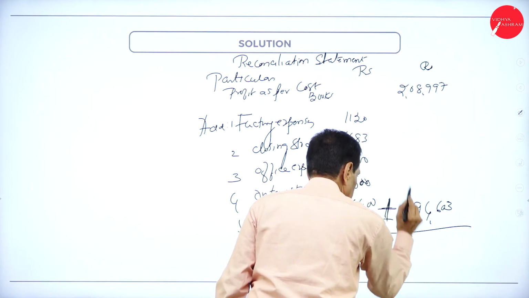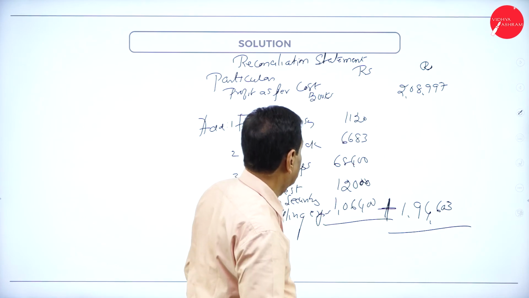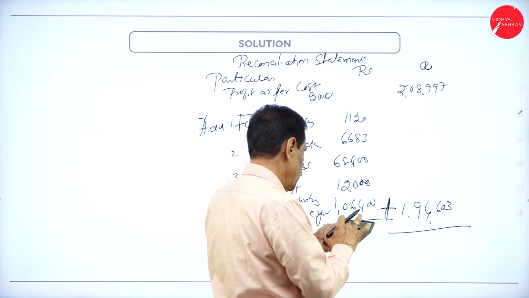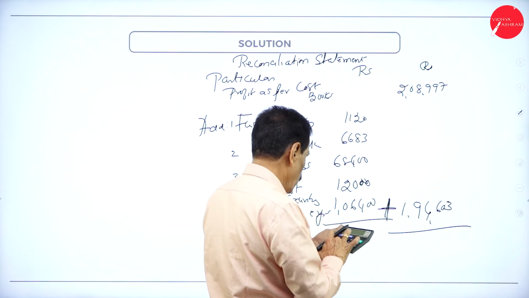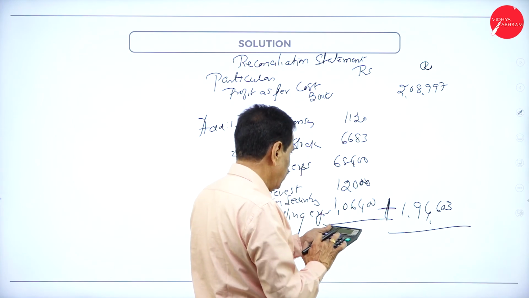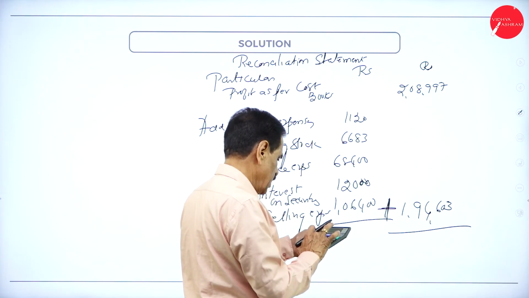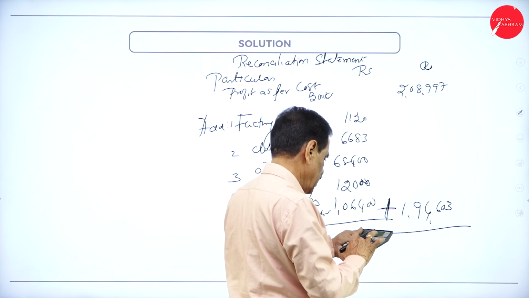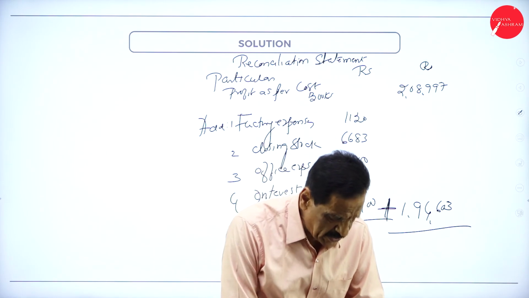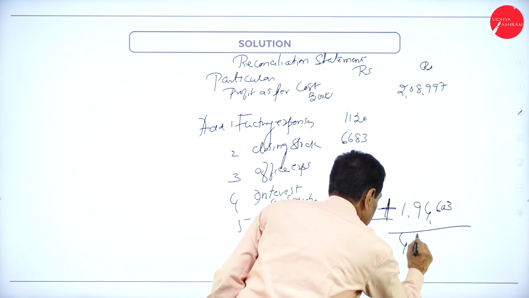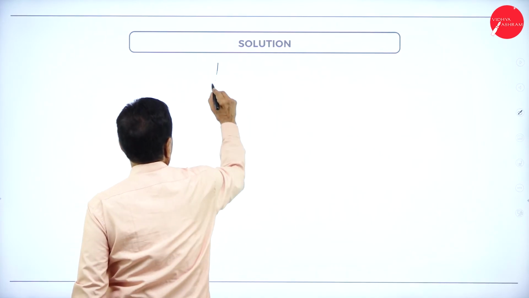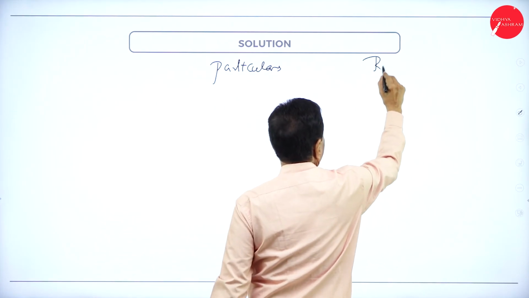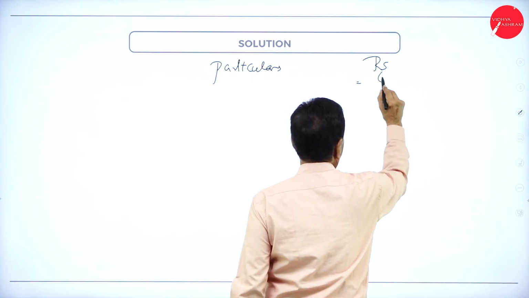Add this 1,94,603 to 2,08,997, which gives 4,03,600. Particulars, rupees, 4,03,600.